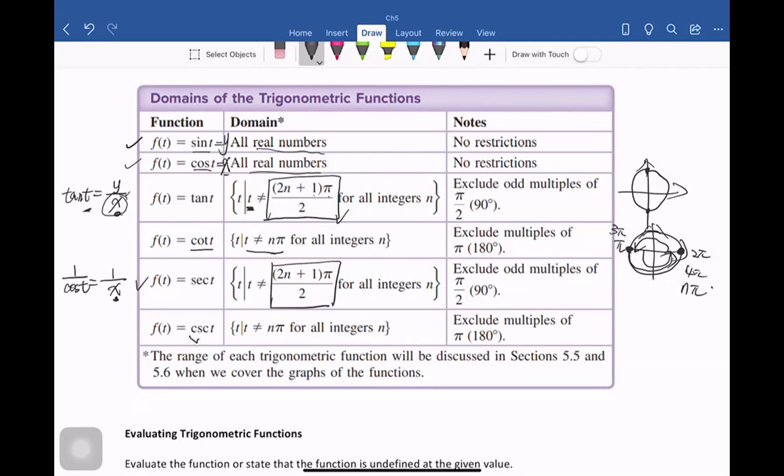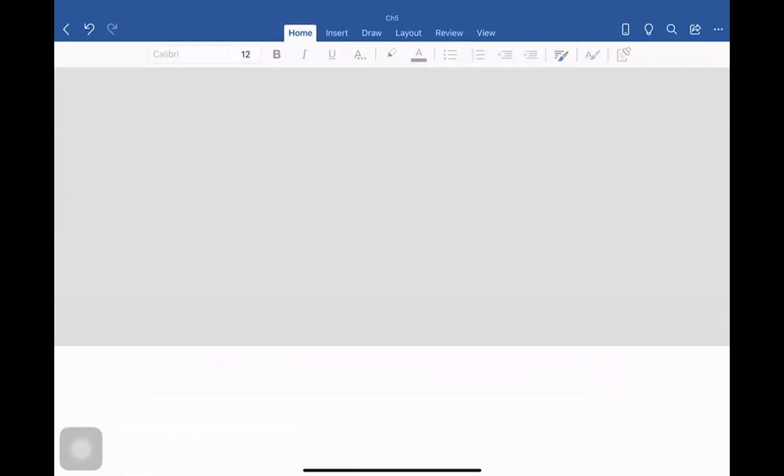And for the cosecant, it's the same. We can't choose t equal to n pi, because cosecant is the reciprocal of sine t, that's 1 over y, and a y value of 0 makes this undefined. Okay, let's move on to the next part.